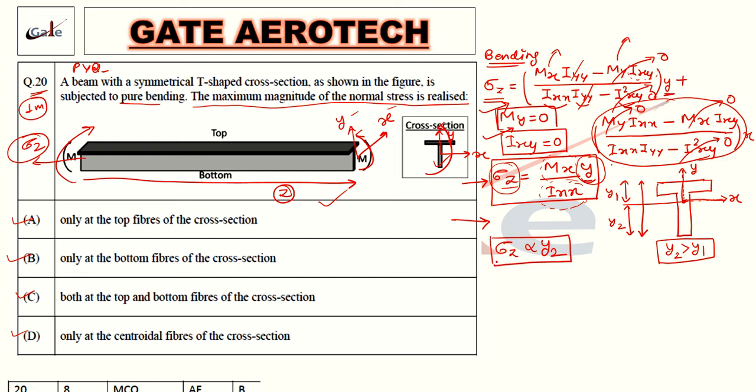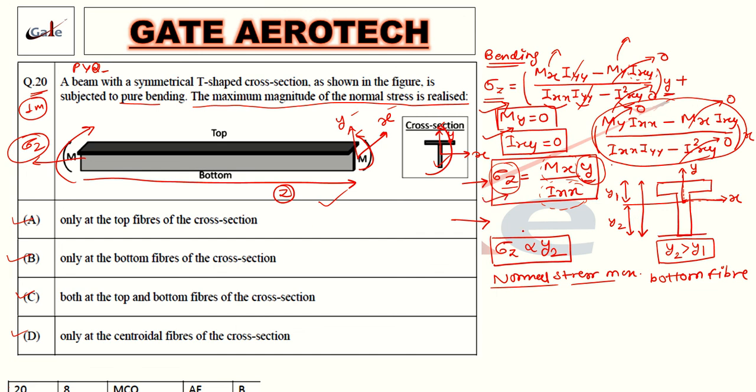Can I say in this way that normal stress will be maximum at the bottom fiber? Because y is maximum at the bottom fiber, I will get maximum stress there, right?